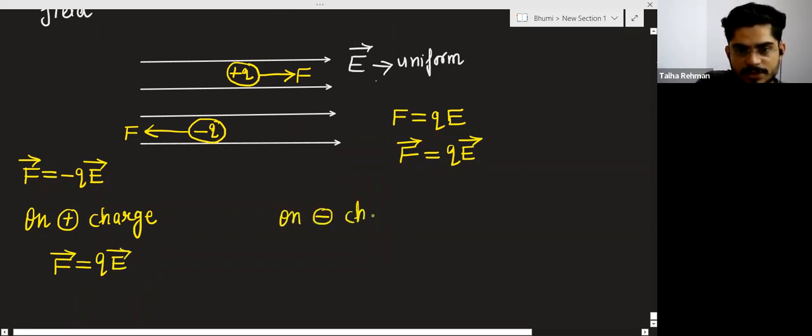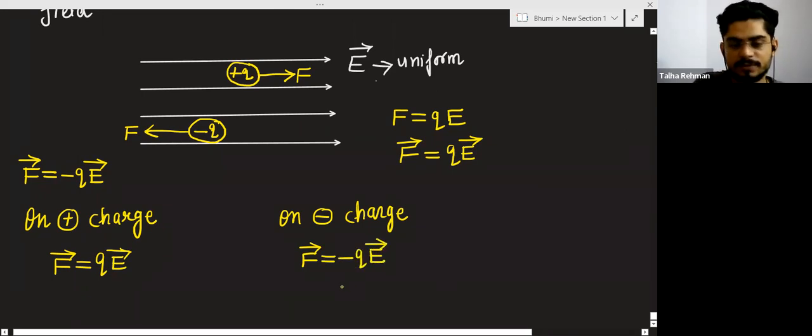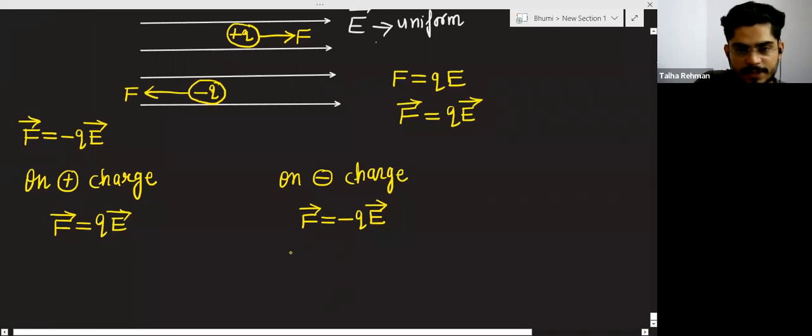On a negative charge, the force is equal to minus Q and E vector. And here you can see that the direction of force is opposite to that of the electric field.